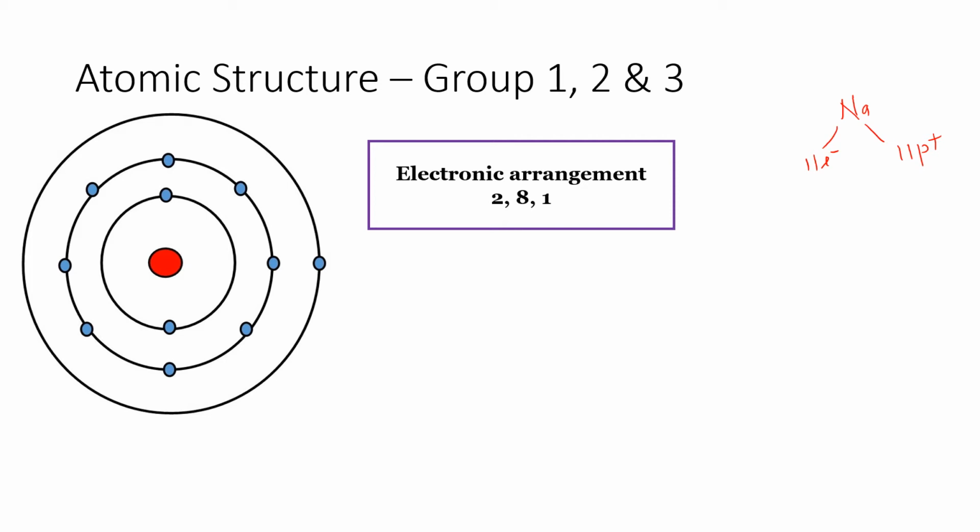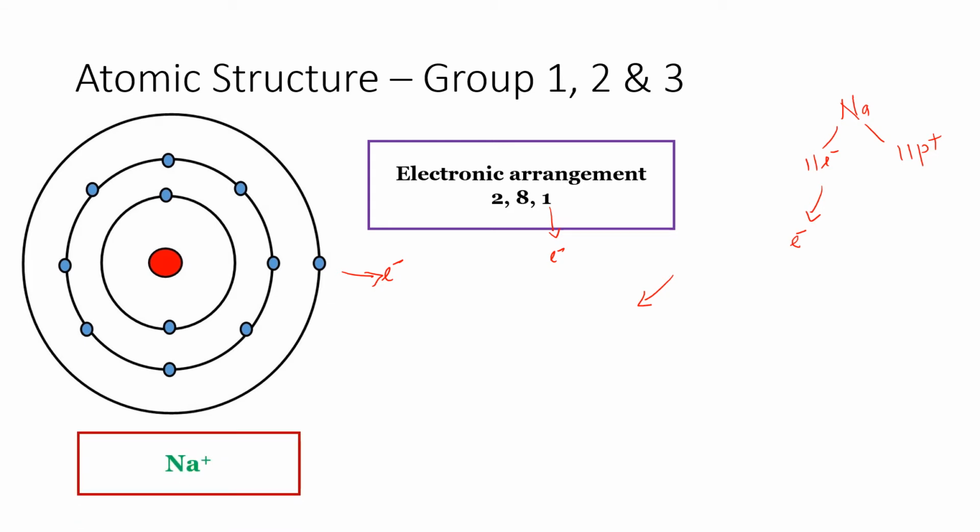So here it forms a sodium ion, Na+. When drawing ions, you put them in square brackets with their charge outside. For example, sodium within the bracket and put the charge outside.